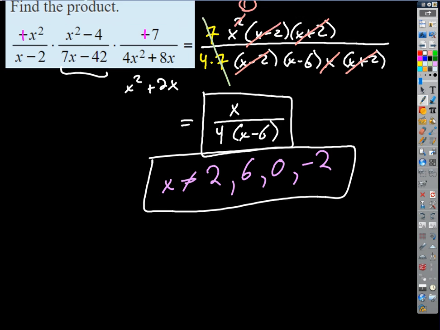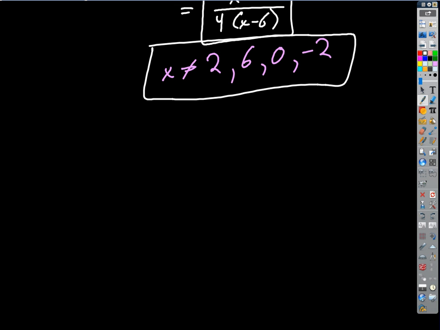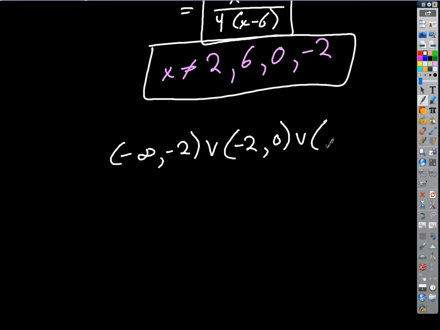The other way I could write this is to say the domain is all values less than -2, or all values greater than -2 and less than 0, or all values greater than 0 and less than 2, or all values. Let's stick to the other way. That's a lot of writing, but it's just as good.